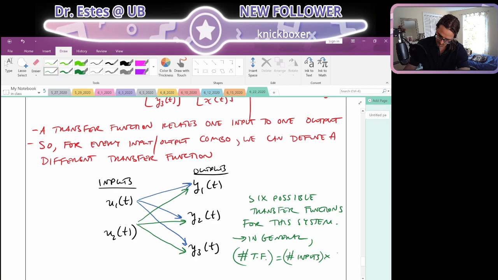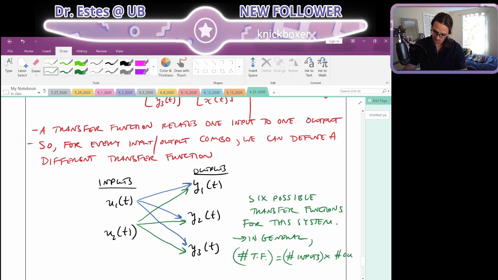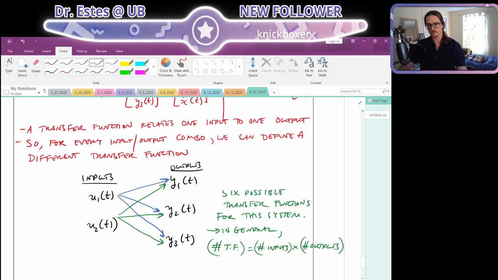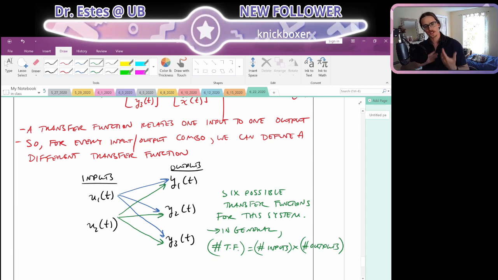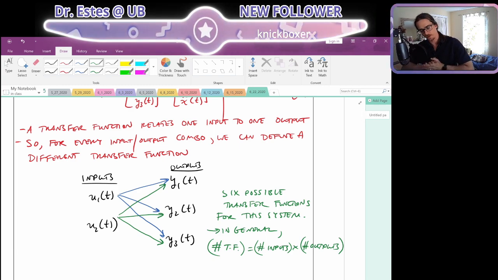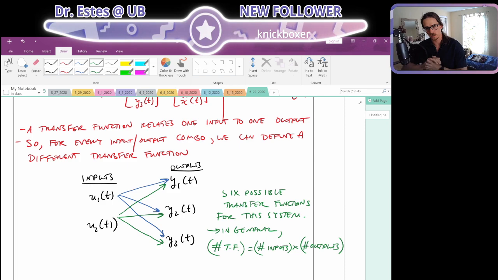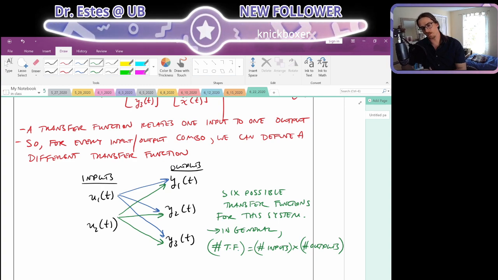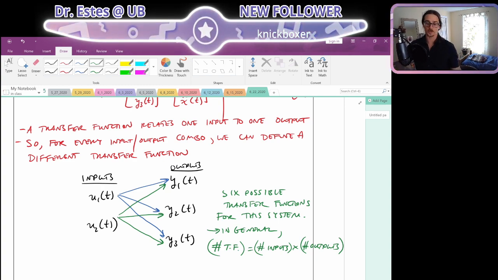So just like for state space, if you know how many inputs, outputs, and states you have, you know the size of the A, B, C, D matrices. With transfer functions, you at least know the number of inputs and outputs. I mean, you know the number of transfer functions you could possibly choose.